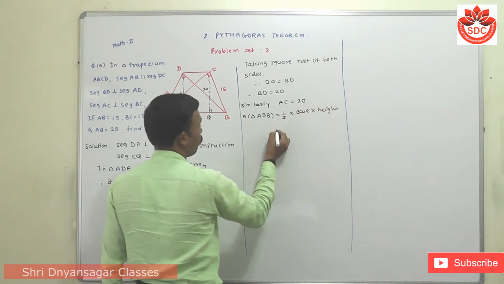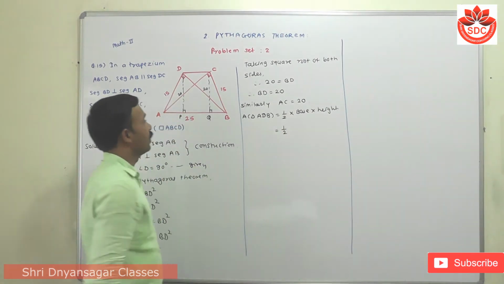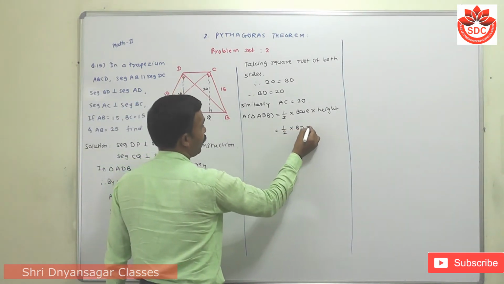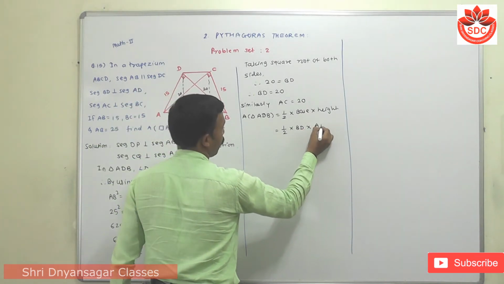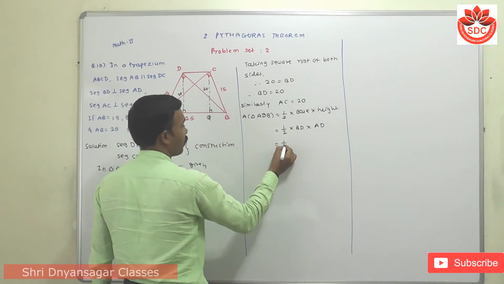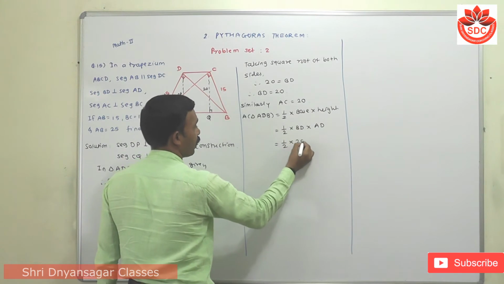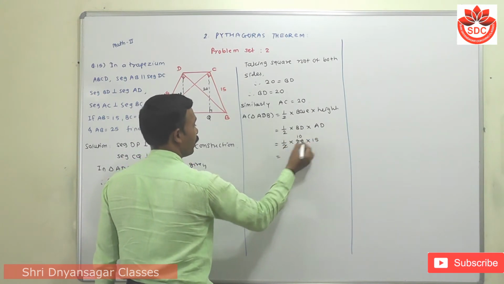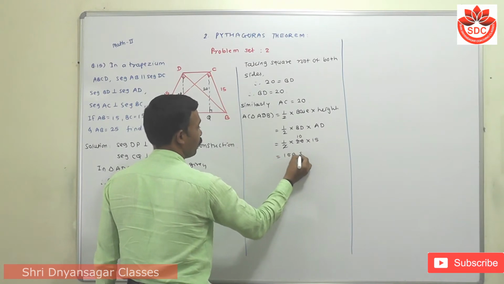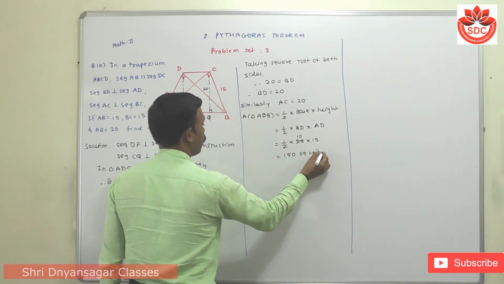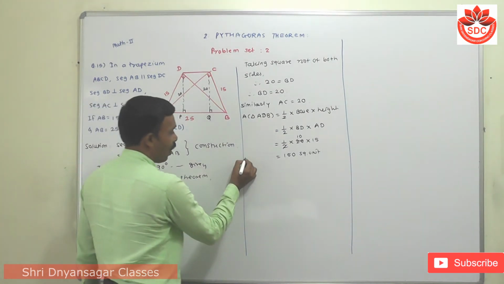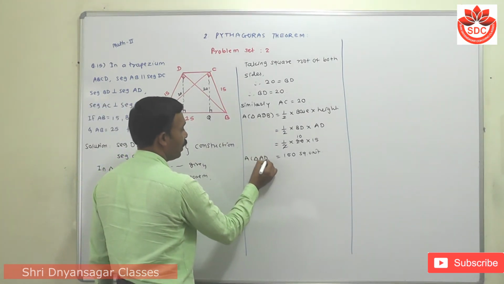Suppose we take the base as BD and the height as AD. Then this area is equal to half into BD, which is 20, into AD, which is 15. Then we can simplify by 10, and we get 150. Here the unit is not given, so I write square unit. This is the area of triangle ADB.